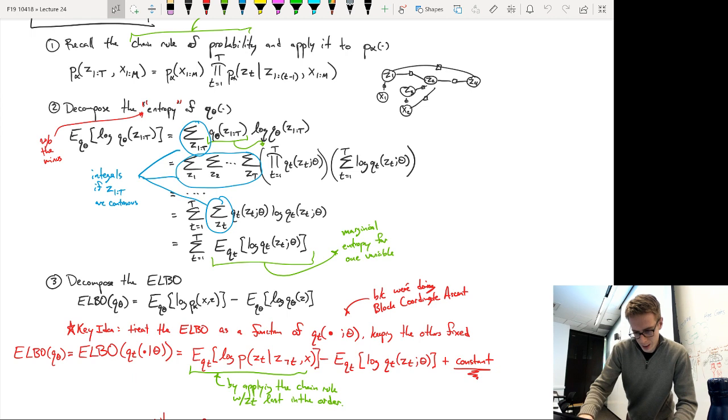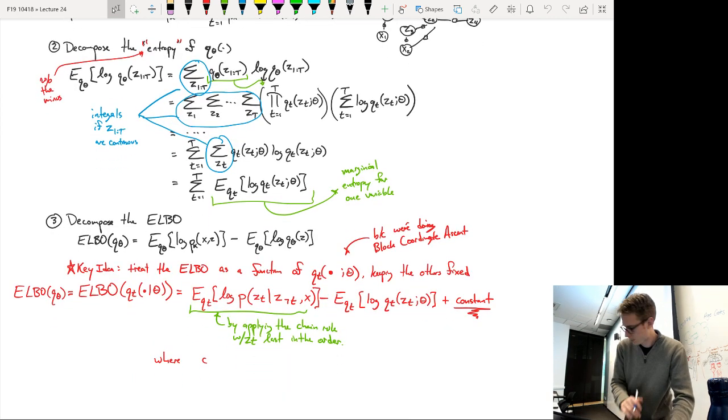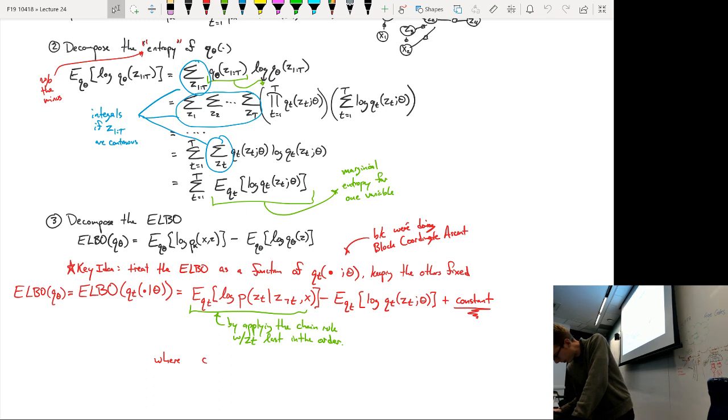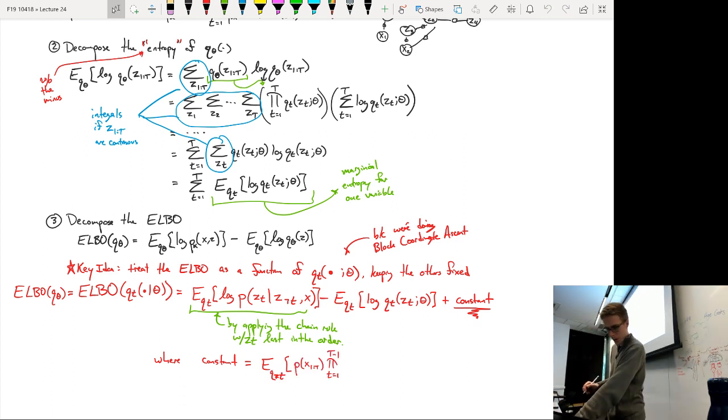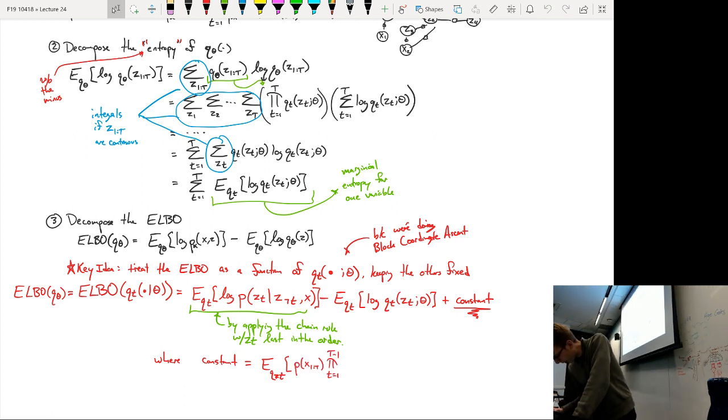So here, this is a product over, say, t prime not equal to t of p of z t prime given z 1 up to t prime and x. Okay. So we've discarded all of those terms in this product, except for the last one.